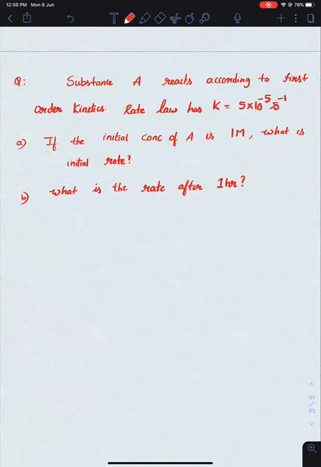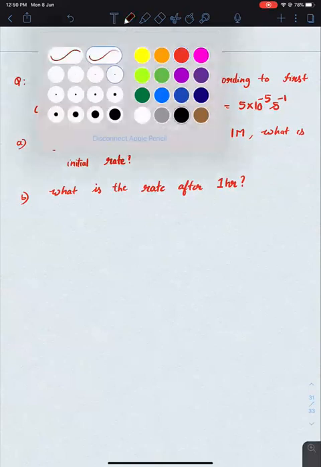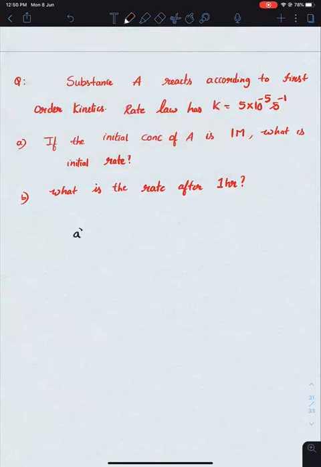What is the answer for A part? 5 into 10 power minus 5. Units, I want units. Mole per liter second, or mole liter inverse second inverse. Good. First order reaction करके कहा, hence rate expression will be rate is equals to K into concentration of A per 1.